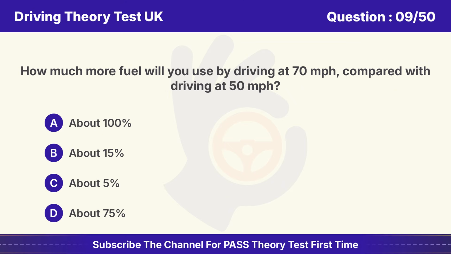Question 9. How much more fuel will you use by driving at 70 miles per hour, compared with driving at 50 miles per hour? Answer is B. About 15%.